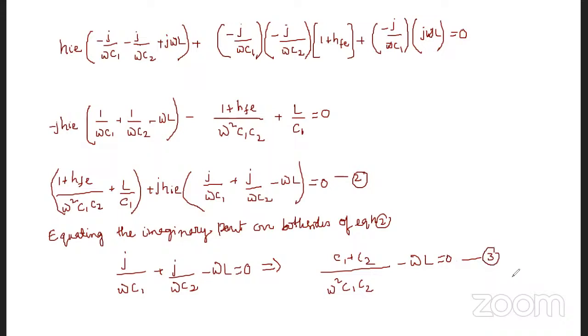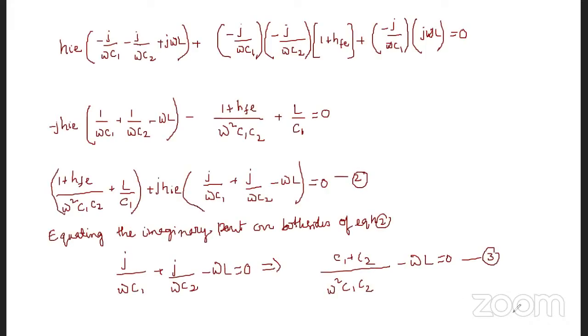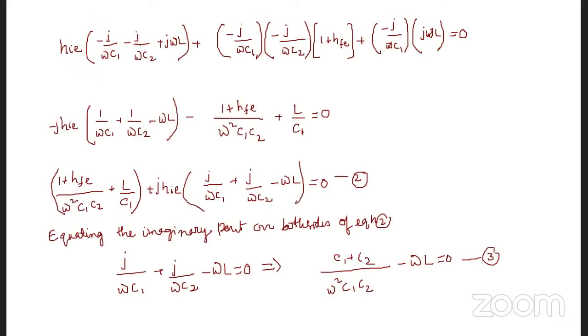Now from this, we can get the omega value. So what we have got here is C1 plus C2 by omega square C1 C2, which will be equal to omega L.